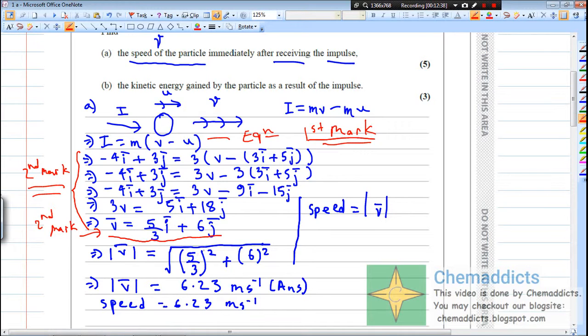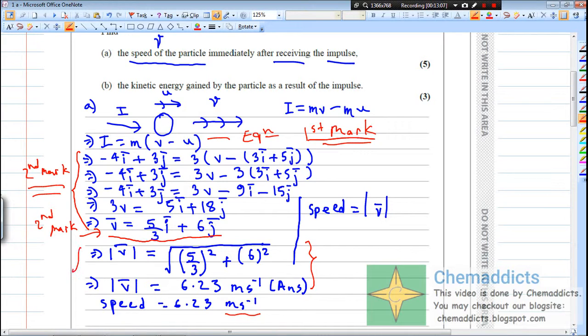Now let us discuss the third mark. For the third mark, we need to find the magnitude of this velocity. If we find the correct magnitude of this velocity and mention the unit, then we are able to get this third mark.